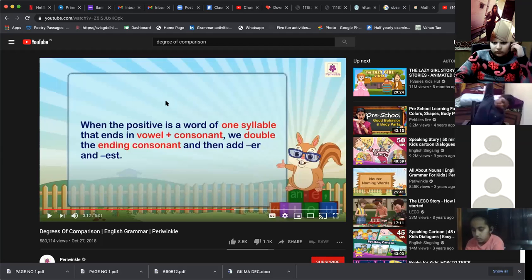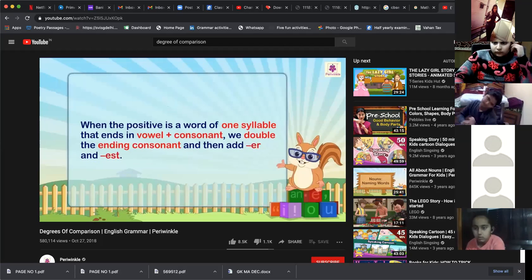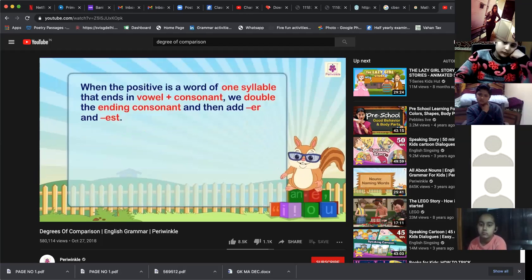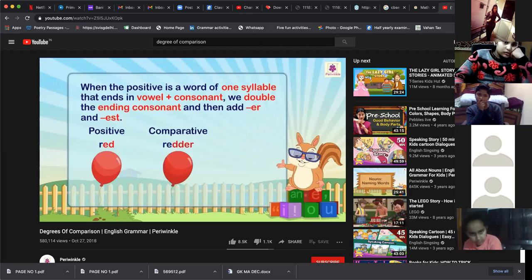So it's another very important point. For example, red, redder, reddest.